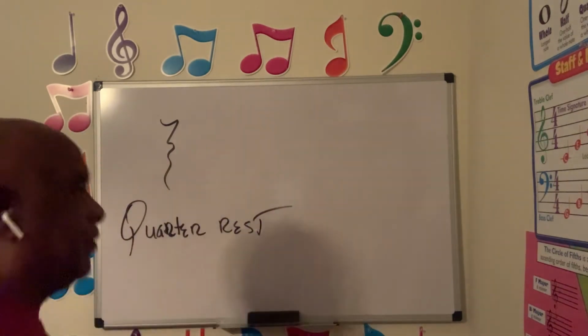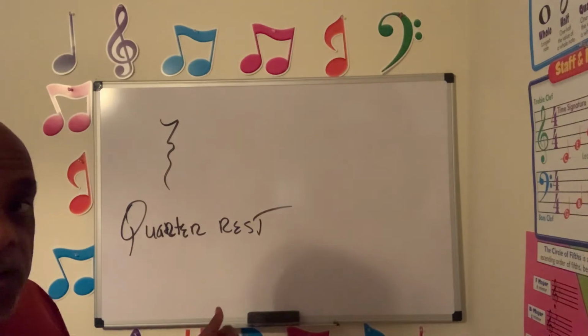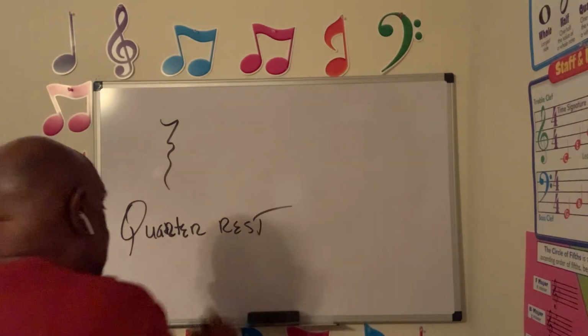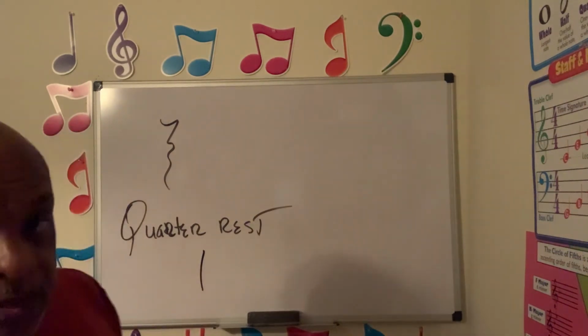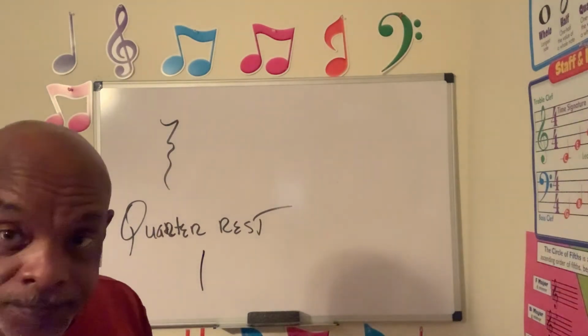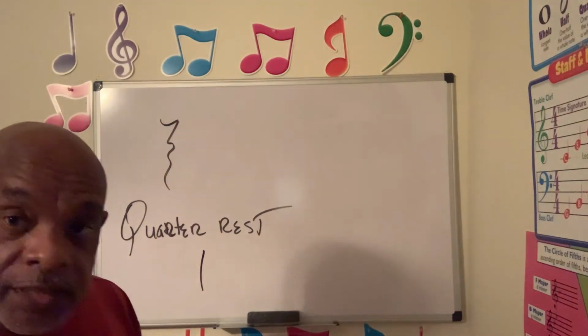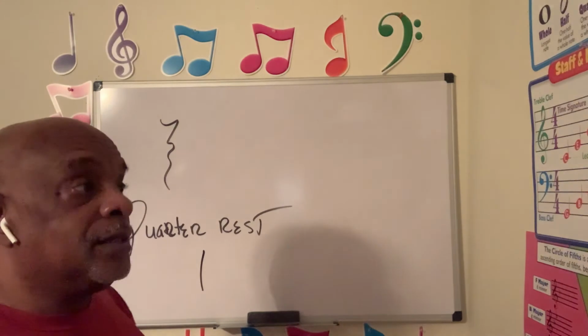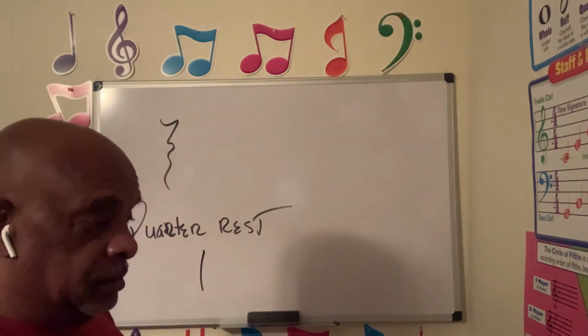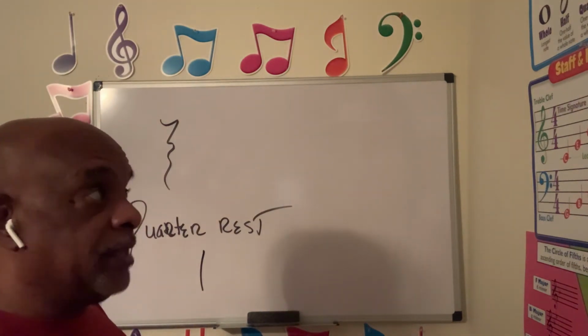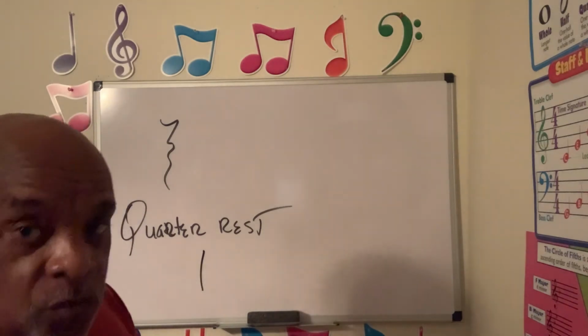That's my version of a quarter rest, and the quarter rest gets 1 beat like the quarter note. I need you to remember that the quarter rest gets 1 beat like the quarter note.